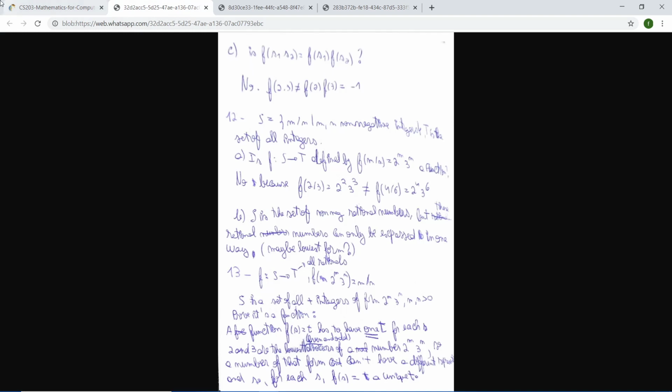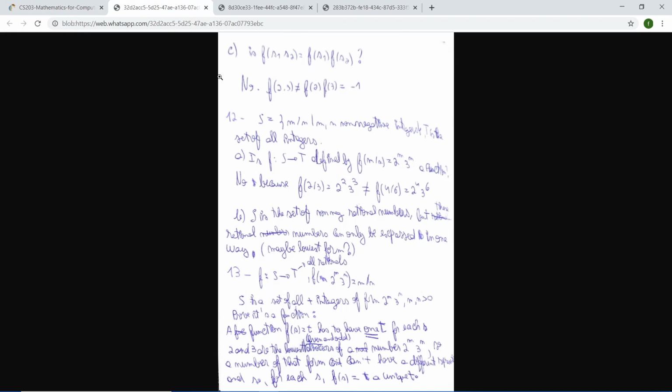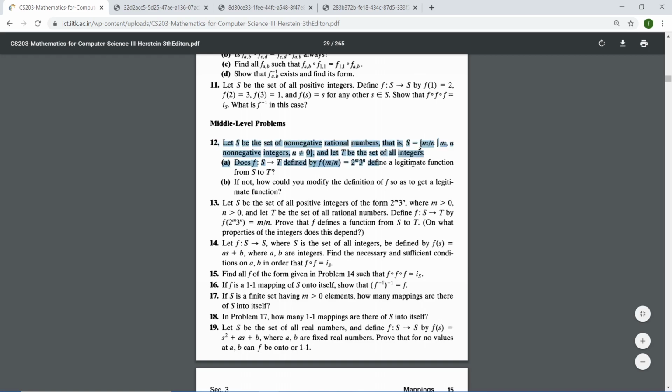This part C is from exercise 8. I did this yesterday, but this wouldn't fit the page and I didn't want to just show this for another page. So today we started at exercise 12, and it asks us to show for A if this is a legitimate function, which means if it's considered a function, or part B, what would you change in f so it works.